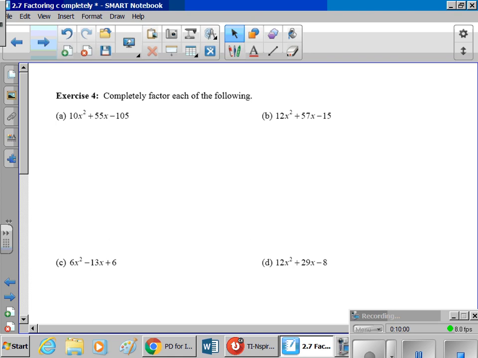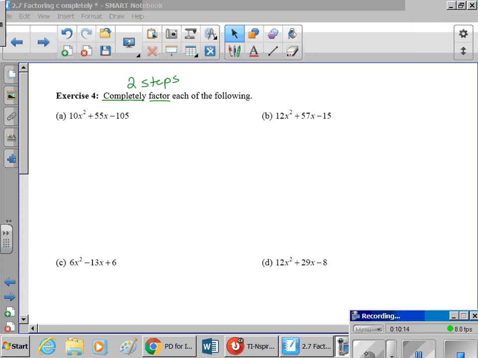Okay, so completely factor each of the following. Completely factor, 2 steps. So sometimes it isn't always as obvious what your GCF is.